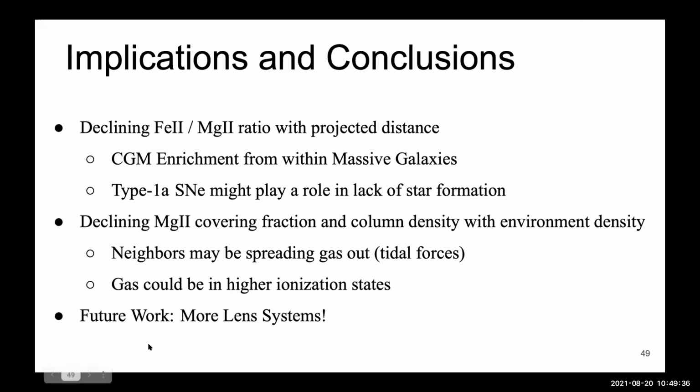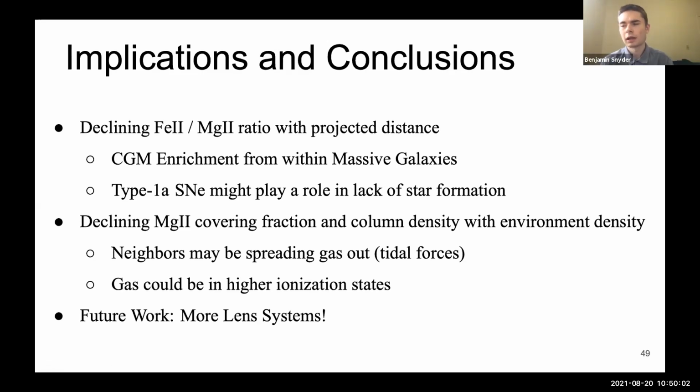I'm wondering, I missed the distance to which you can cover. Is that consistent with type 1As? I'm not sure what distance distribution we might expect for type 1As, but does that match up with what you expect? Like where they're exploding is where you see the extent of this?